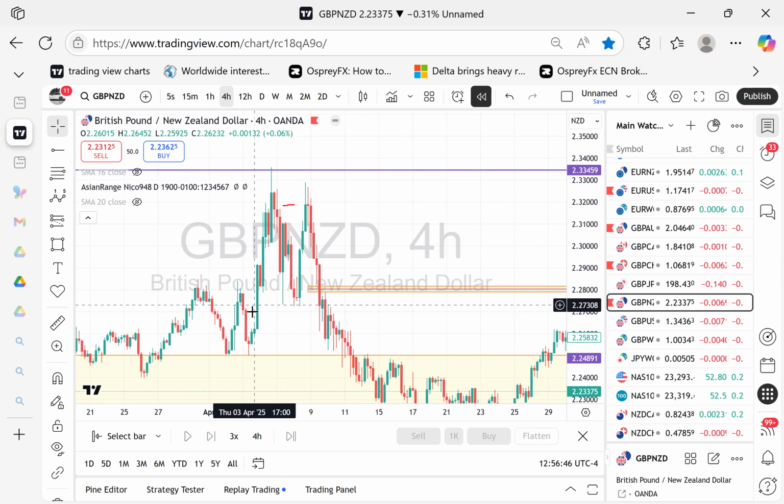The good ones will have an imbalance. You see the imbalance from this red candle to this green one? That's a good order block.